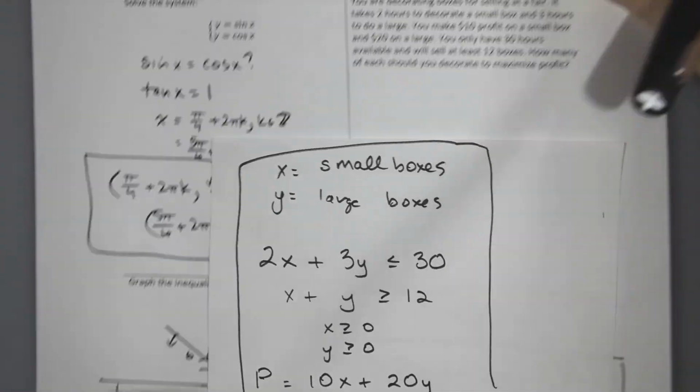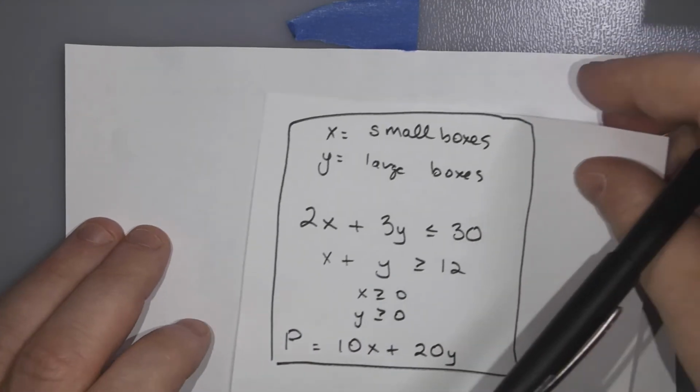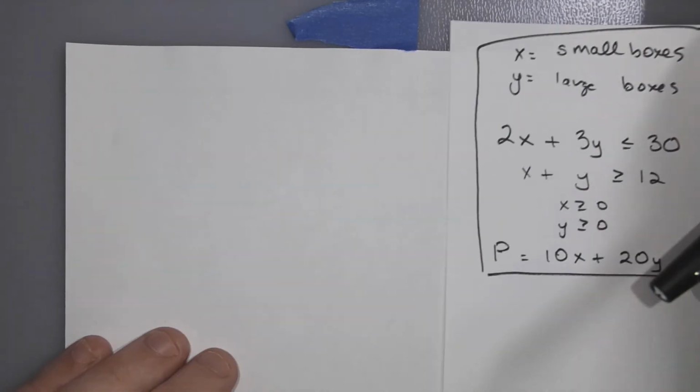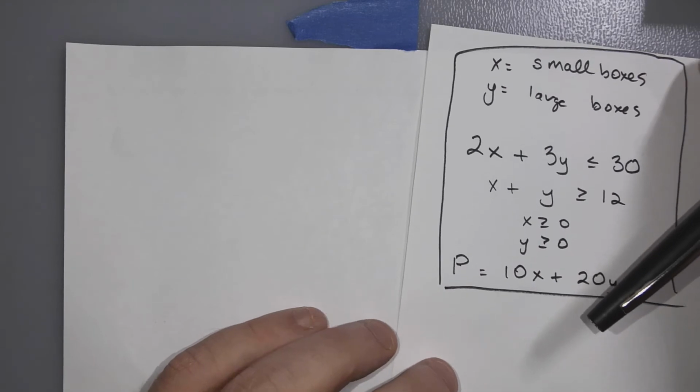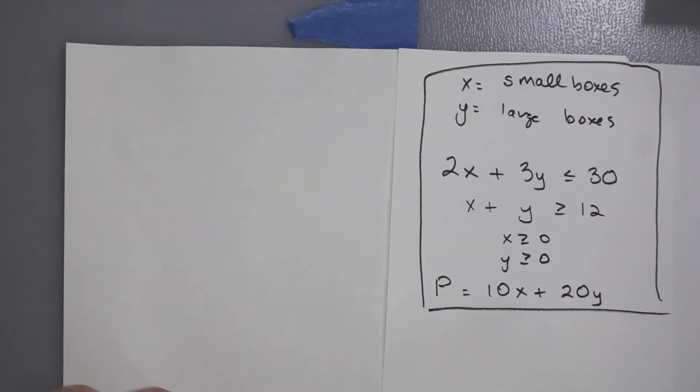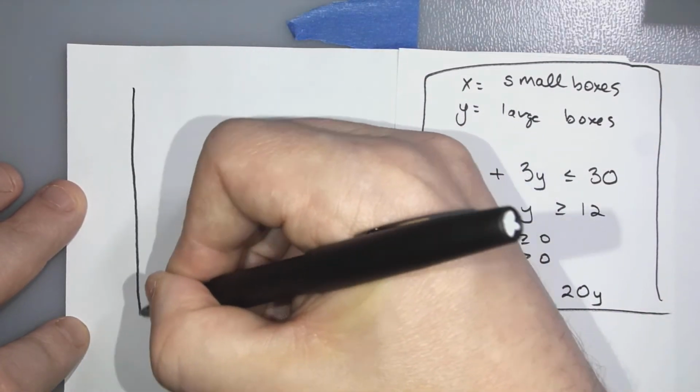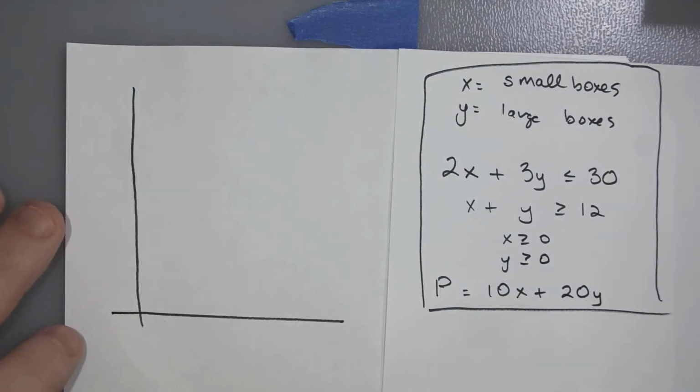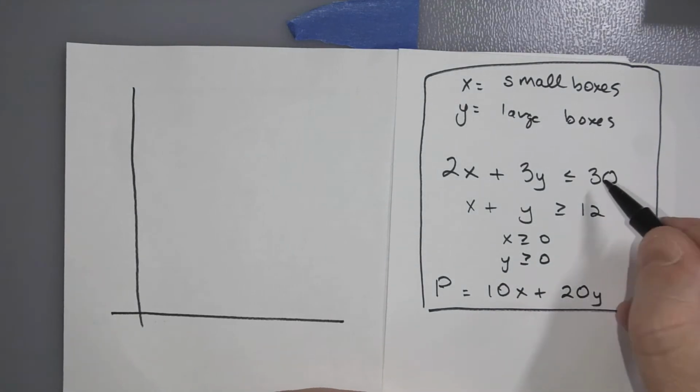Okay, let's remove this paper and put this one here now. And we'll bring this information into a chart to graph. We'll graph our constraints. So I'm going to draw a coordinate plane, and I'm going to graph my constraints.